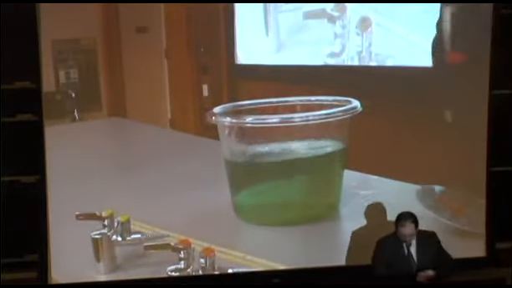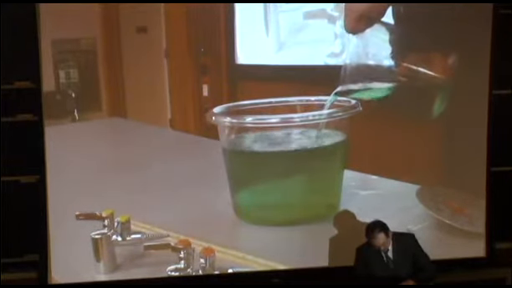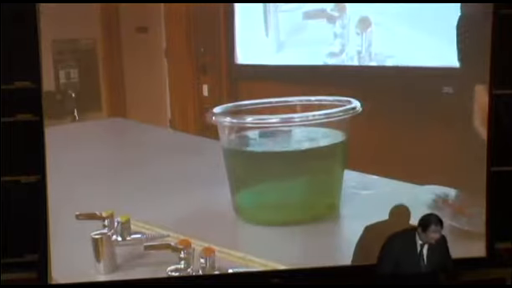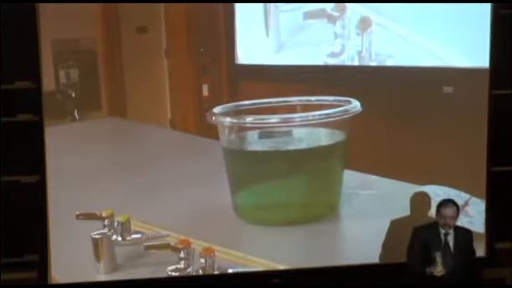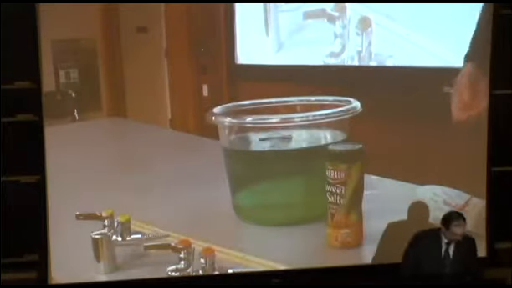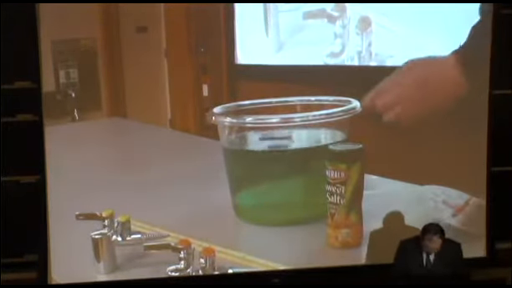Maybe add some more water. This is my cylinder. So you can write down the dimensions. I can read you the diameter.